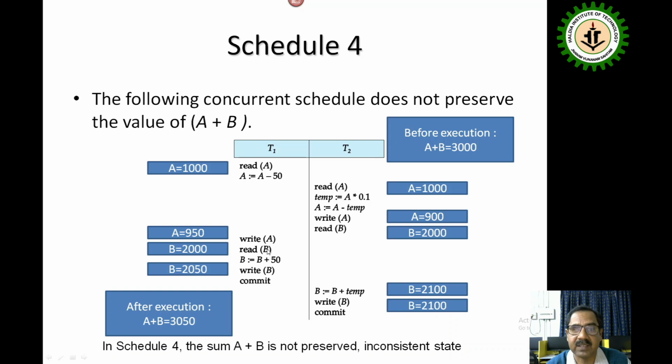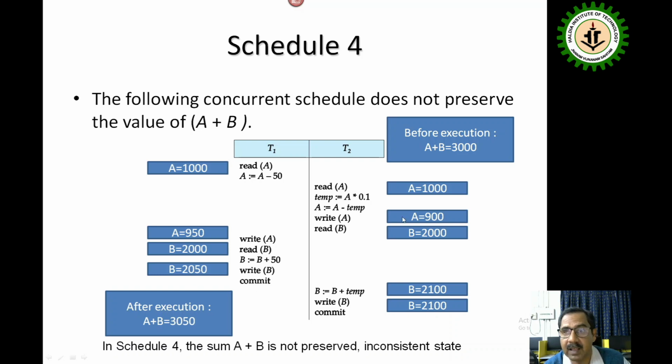So the balance is the same, B equals 2000. Then it performs write operations. Transaction T1 performs a write operation on the data item B, that is 2050, and saves. So the value of A for the transaction is 950 and the value of B is 2050.